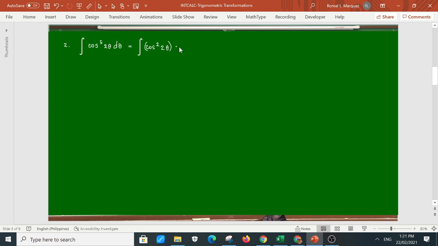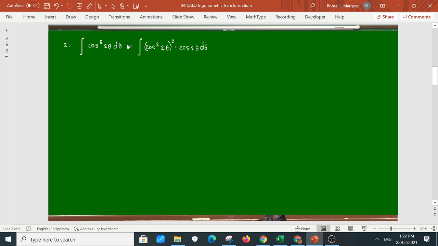Because I'm going to segregate one cosine 2 theta d theta here. So just 2, no? Am I correct, guys? Because if I raise this to 2, it is cosine to the 4 times cosine, cosine to the 5th.